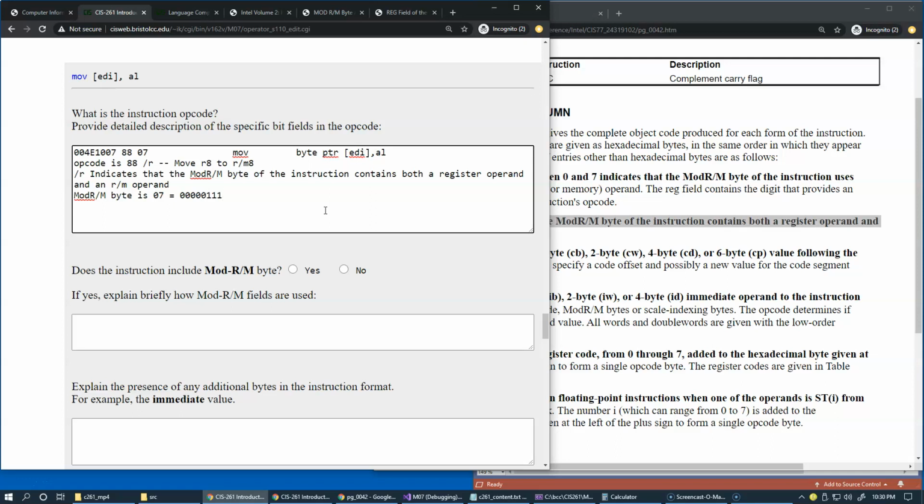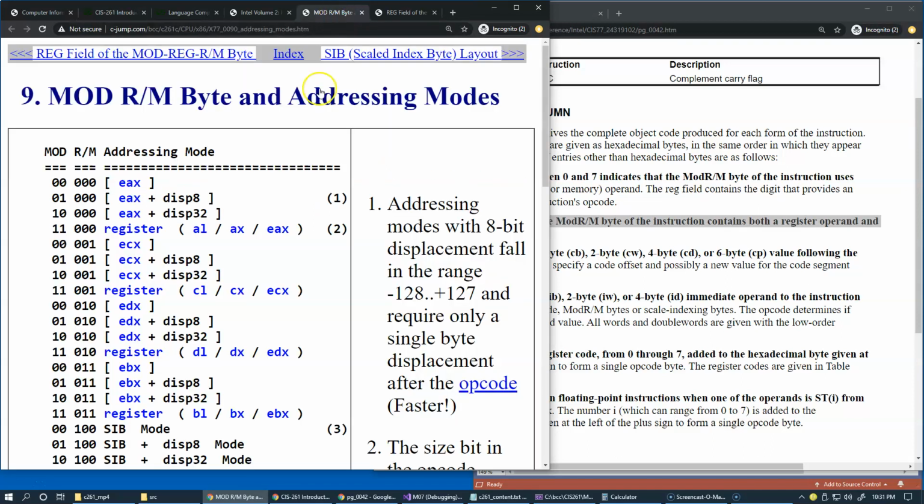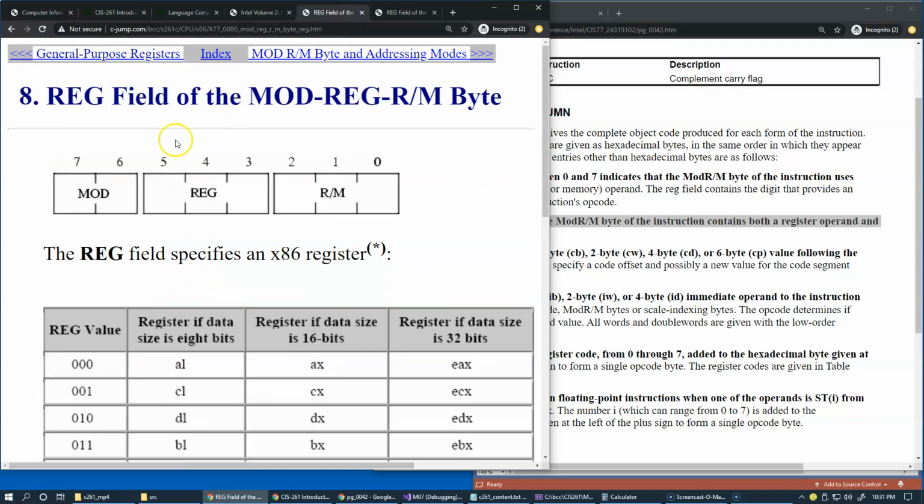So I guess I can write the binary version of 07 without using the calculator. You know that these are the fields of mode RM byte. Just a quick jump here: 2 bits, 3 bits, and 3 bits.